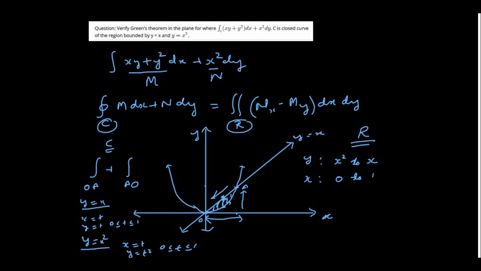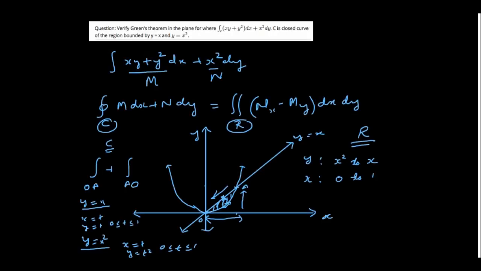So you have to give the limit of t from 1 to 0, not 0 to 1. So you have to consider the direction in which the curve is going. So first is OA and the other one is AO. Now let's move on to find the LHS and RHS of the theorem.